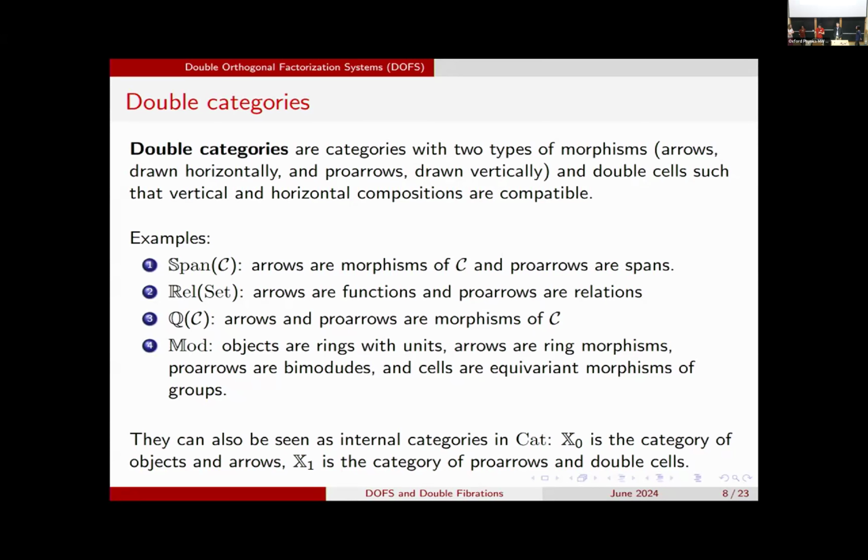The vertical arrows are the ring morphisms, and the horizontal ones are bimodules between rings. And we have cells if we have equivariant morphisms between bimodules. So double categories can also be seen as internal categories in Cat.